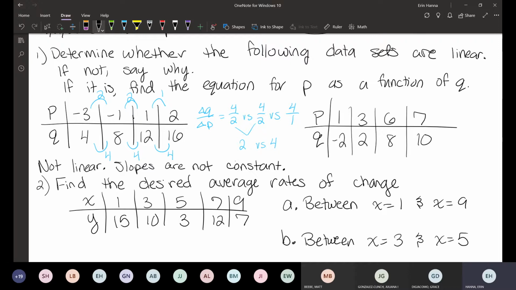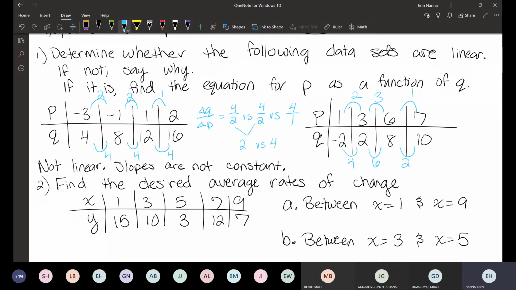And then for this second one, we go ahead and check our little loops. So we've got increase by 2, increase by 3, and increase by 1. Increase by 4, by 6, and by 2.